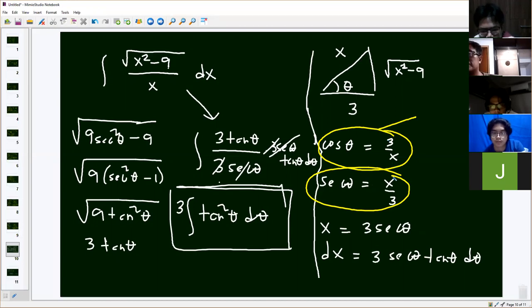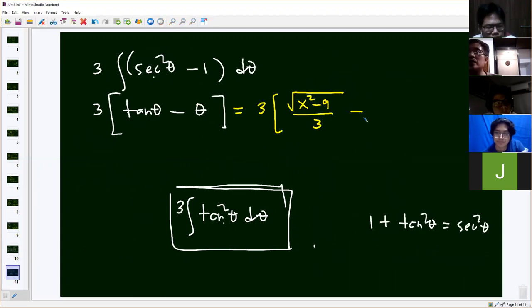If this is what you chose, then theta is arc sec x over 3. Either will do.